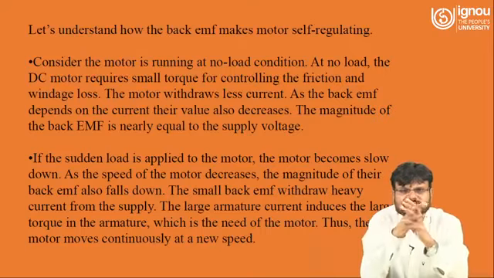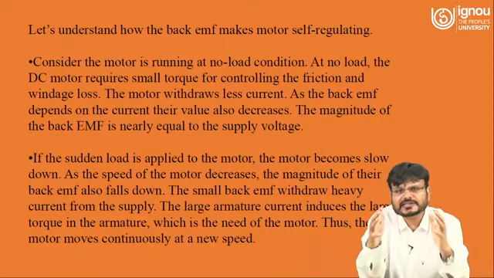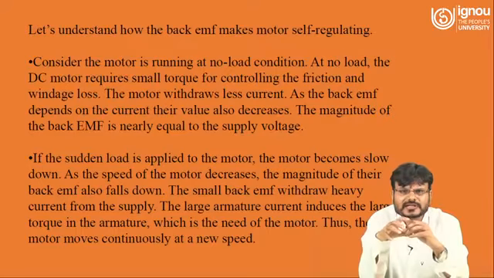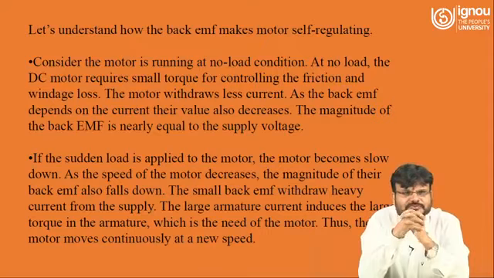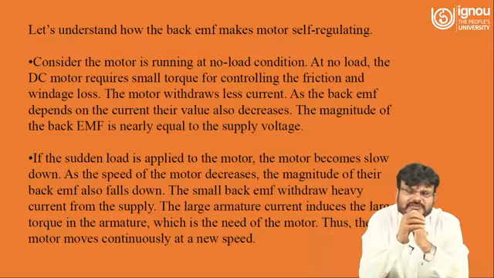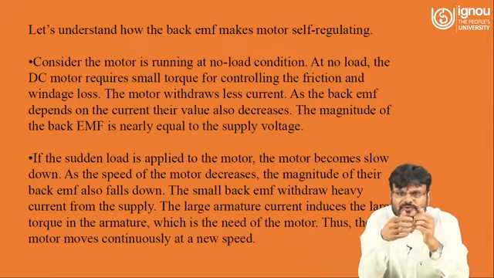Now the second condition we have to understand. The second condition is what? A sudden load is applied to the motor. Suppose you are using an elevator or a lift. You must have observed that the lift has a capacity of 5 passengers. Sometimes it happens that 8 or 9 persons go inside, and then the lift doesn't move.